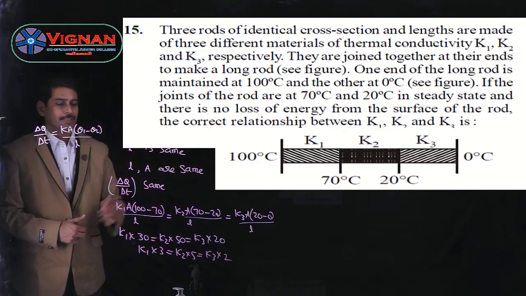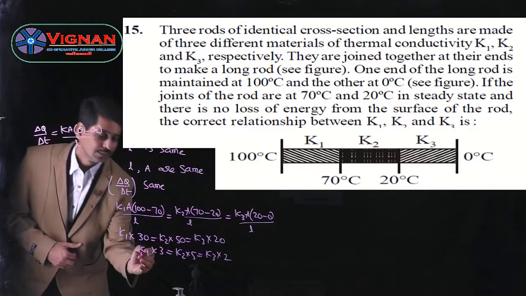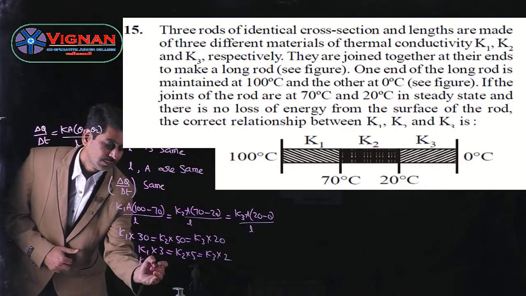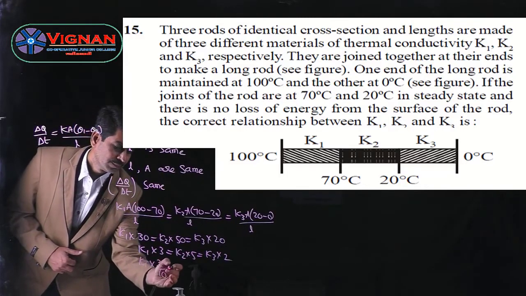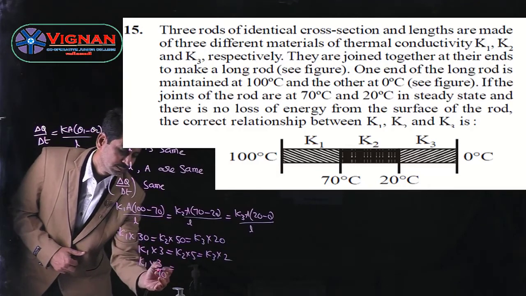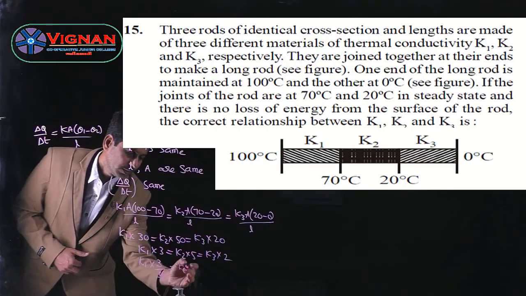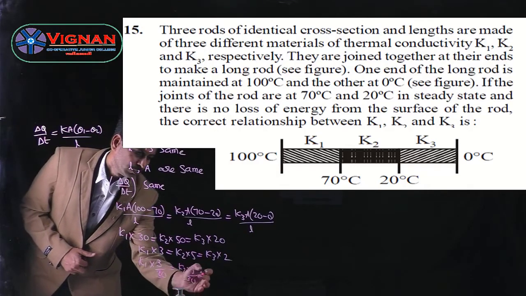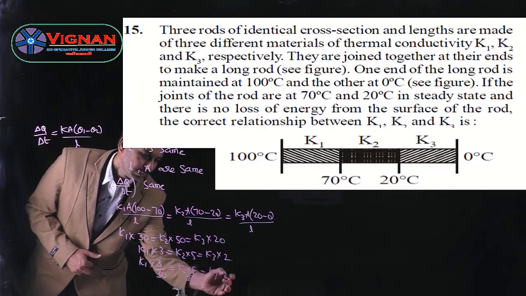Now divide this by 30, then you get K1 × 3/30 = K2 × 5/30 = K3 × 2/30.